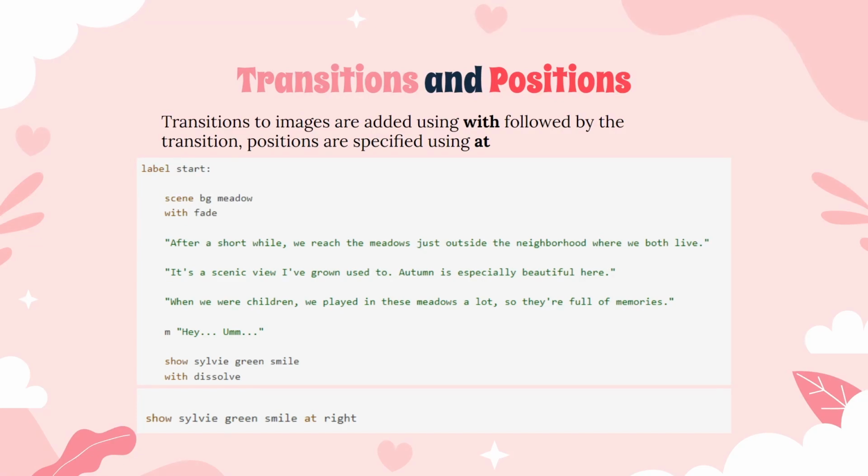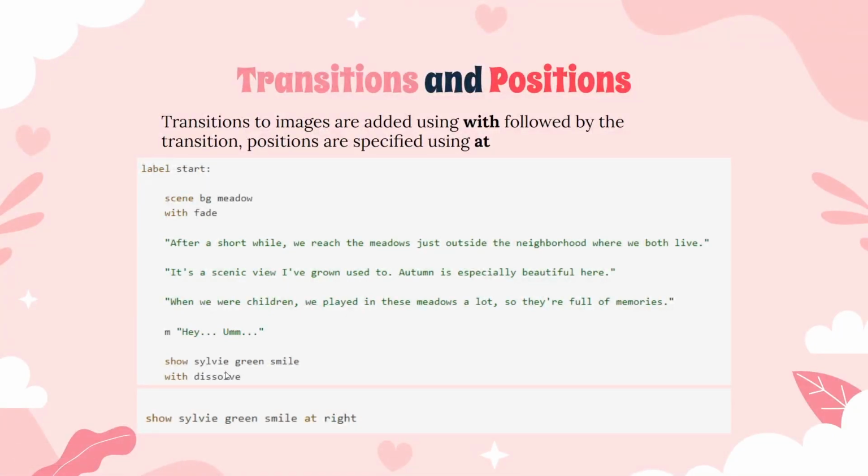Ren'Py has a lot of transitions already in it, such as dissolve, fade, other things. You should be able to find the full list of them in the documentation. Right here, show Sylvie green smile with dissolve. So that will show the sprite of Sylvie with a dissolve transition.